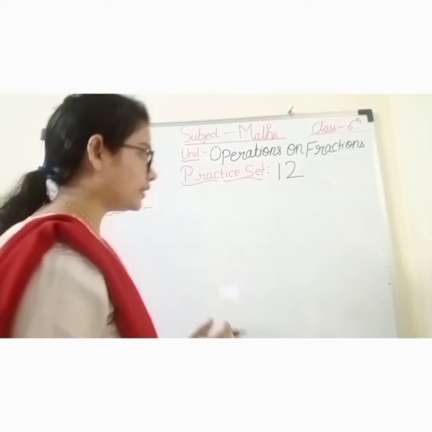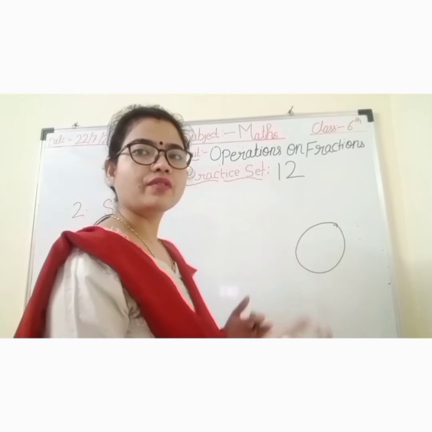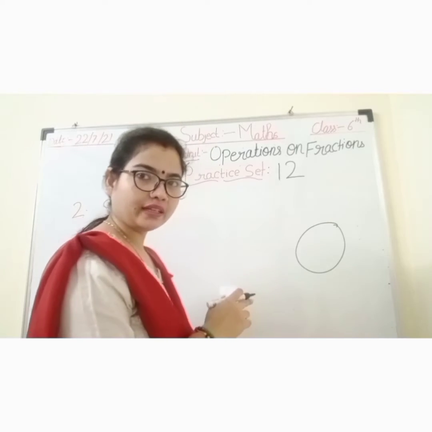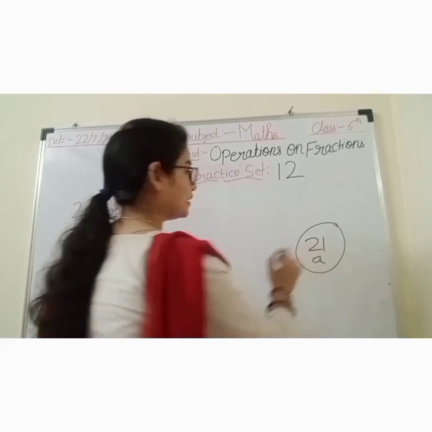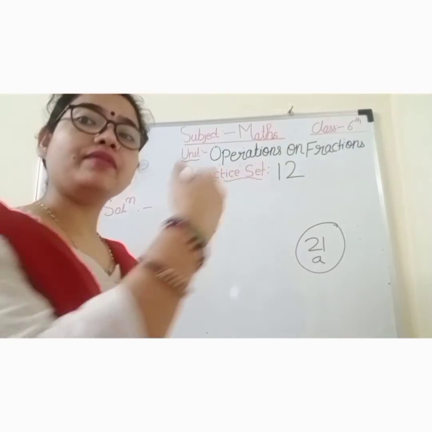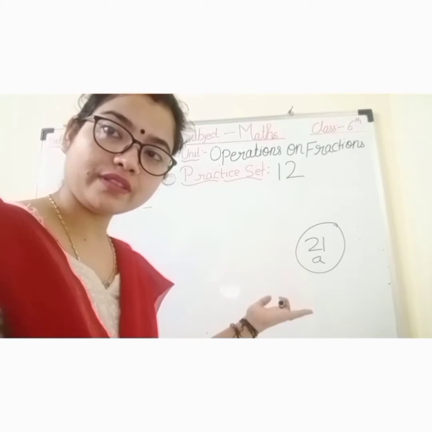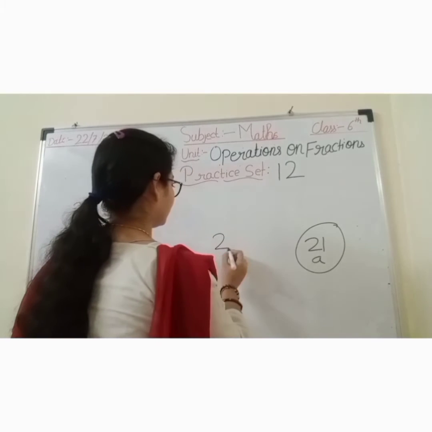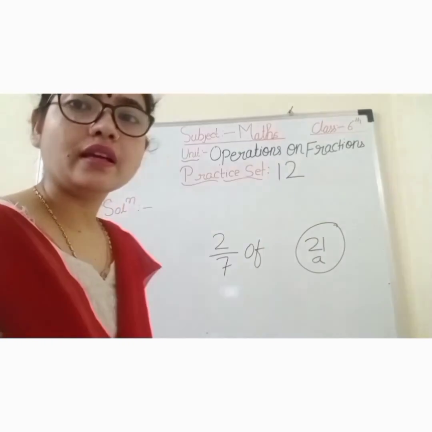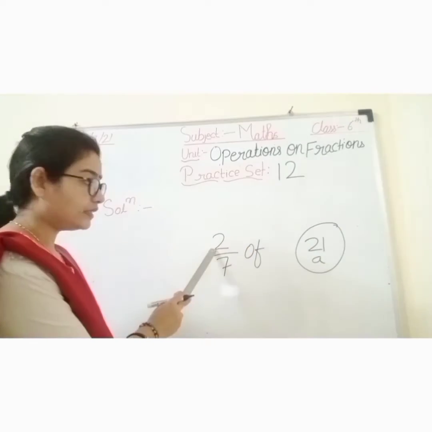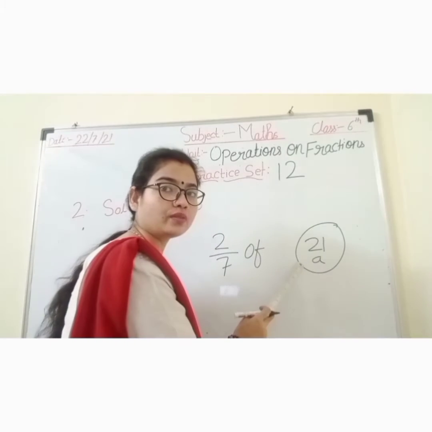So, see here student, Ashok Rao, a farmer, has 21 acre land. He has planted bananas on 2 by 7 of this land, which is of 21 acre.